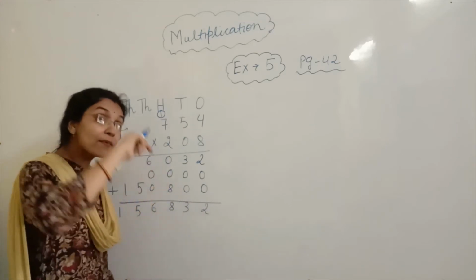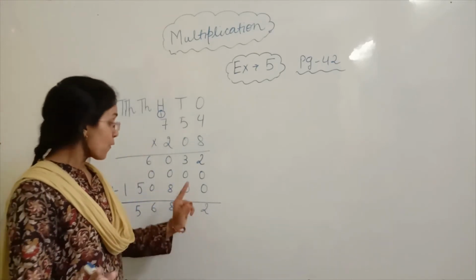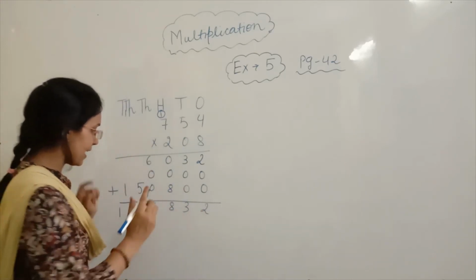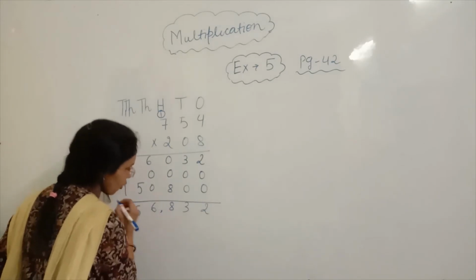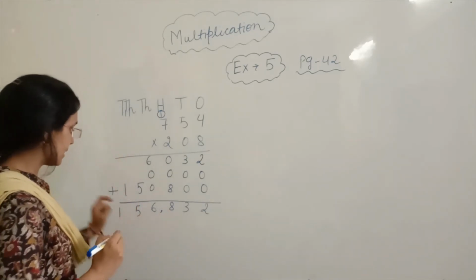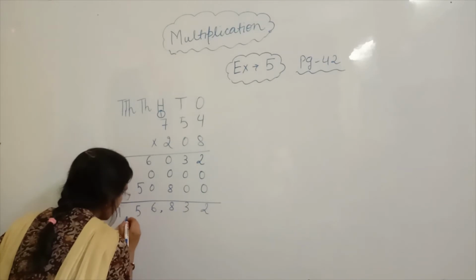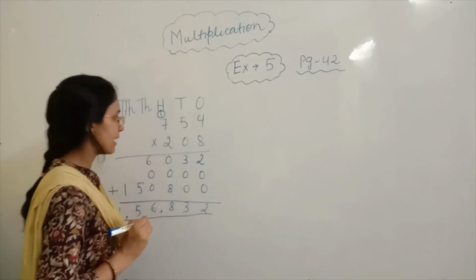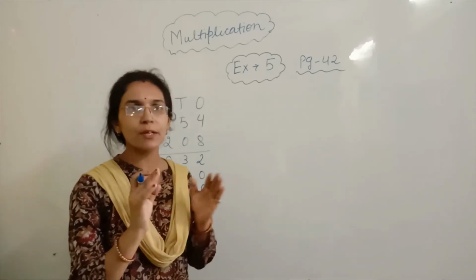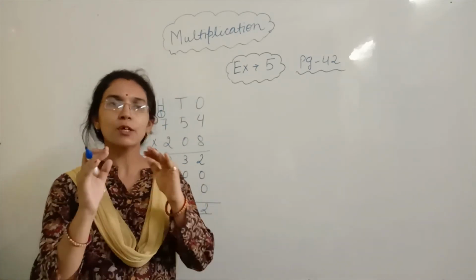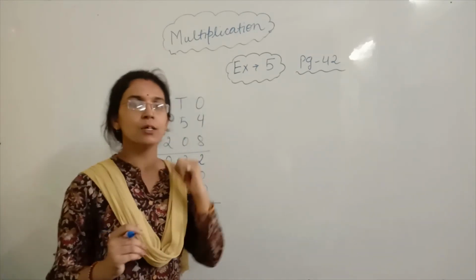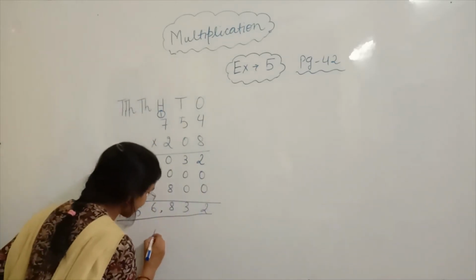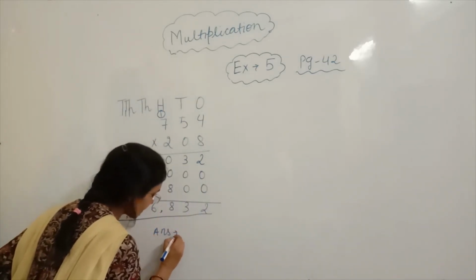See, as we have gone through in a large number, ones, tens, 100, we'll put a comma. 1000, 10,000. Again we'll put a comma. So this is your final answer. And I had explained you earlier also, whenever we multiply two numbers, we always get the result as a product. So you finally will write down the answer.